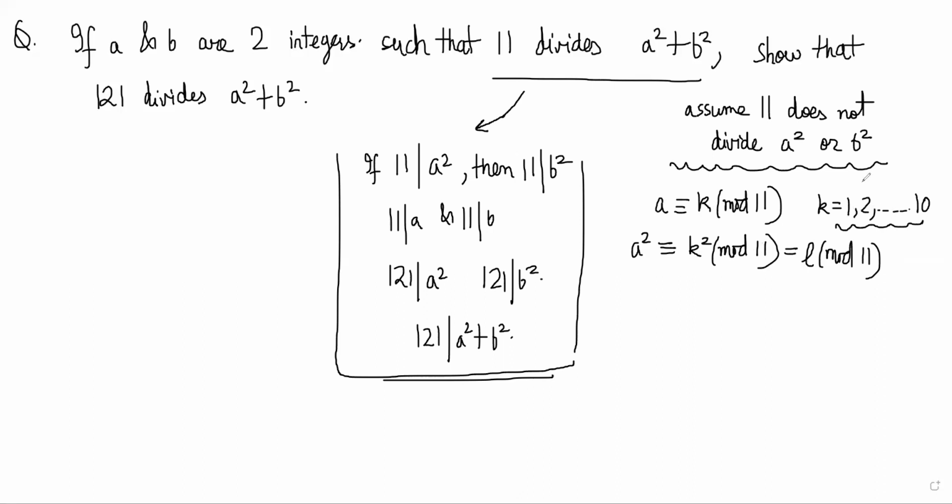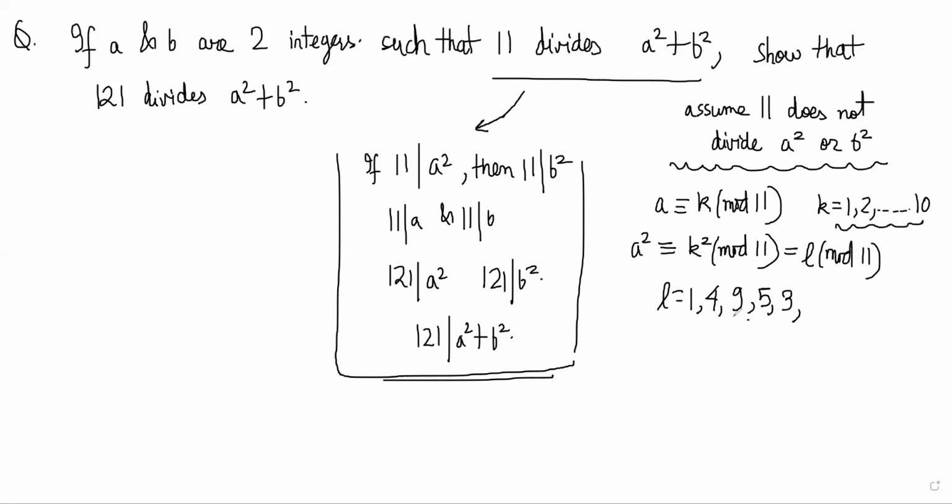1 square is 1, so L can be 1. 2 square is 4. 3 square is 9. 4 square is 16, which becomes 5. 5 square is 25, which is 3. 6 square is 36, which is also 3. 7 square is 49, which is 5, already there. 8 square is 64, which is 9. 9 square is 81, which is 4.